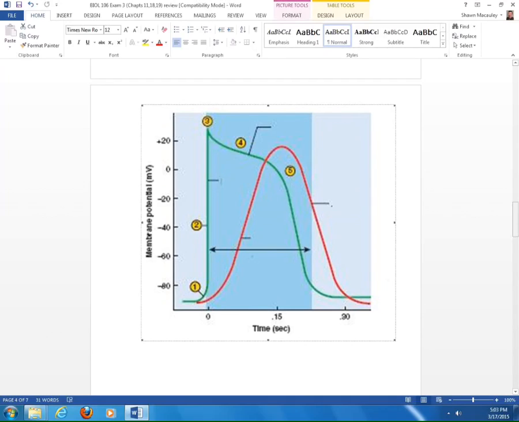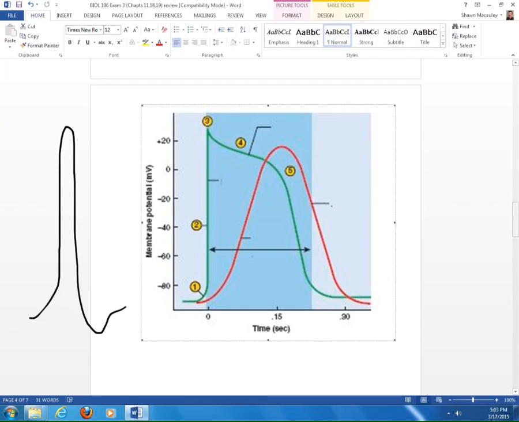What is that green line? Let's compare it. This would be like an action potential, right? So what is that green line?